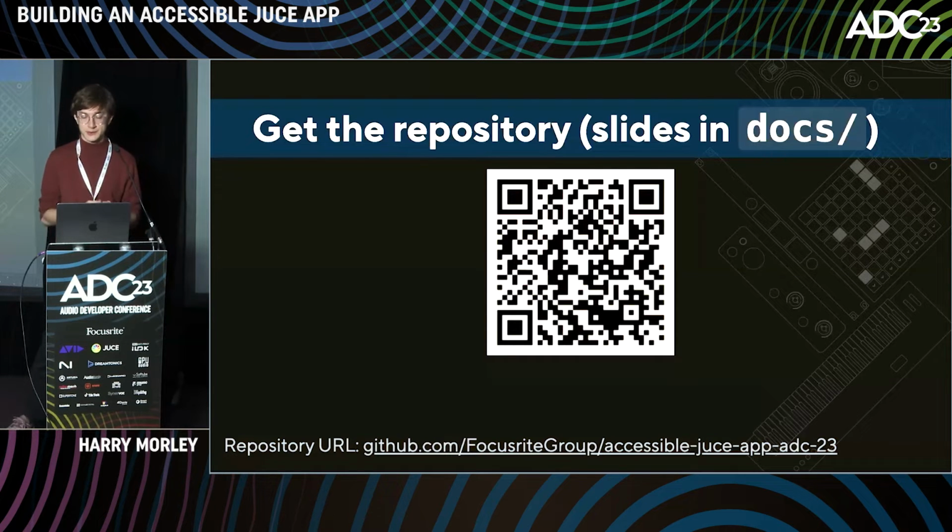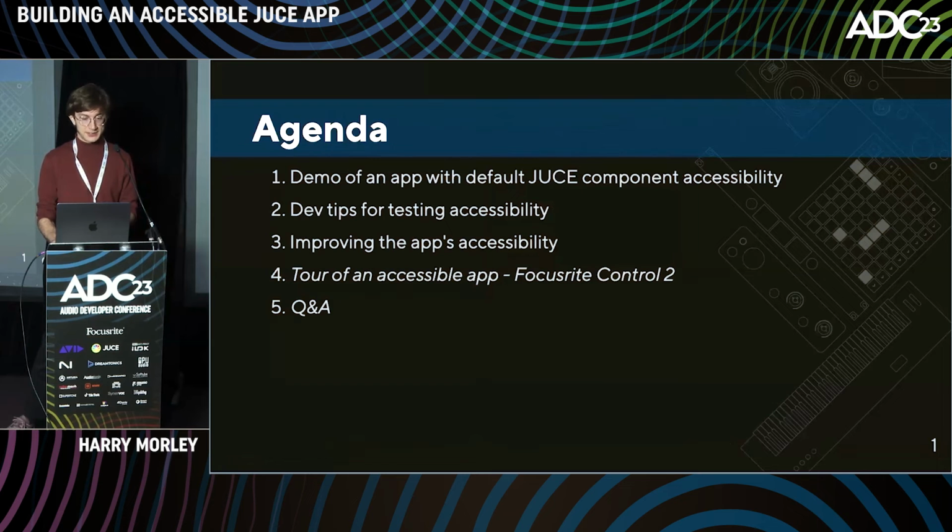So agenda for today, we're going to dive right in with a demo of a basic app that has default Juce accessibility, and we're going to assess it, identify problems. I'm going to go into some tips for testing accessibility, and then we're going to go ahead and improve the app. We're going to make it better together.